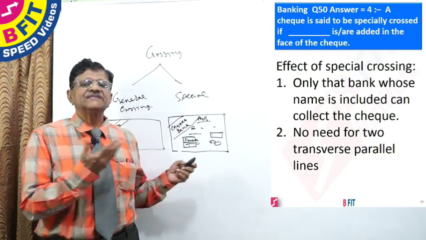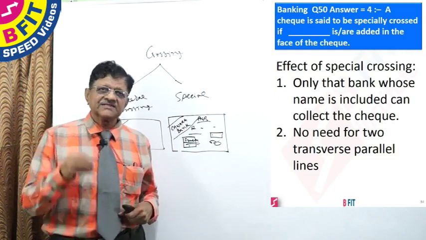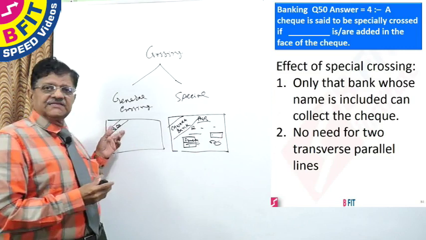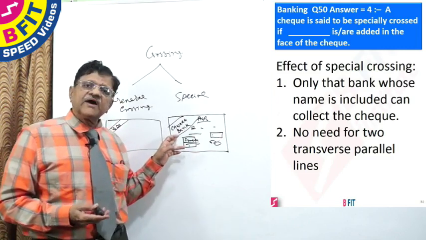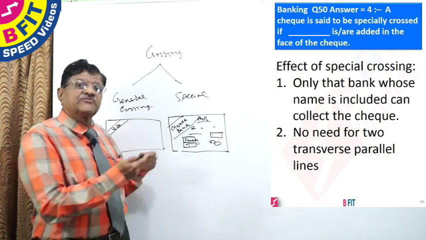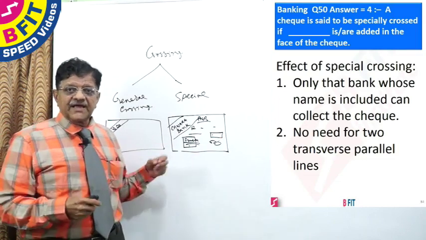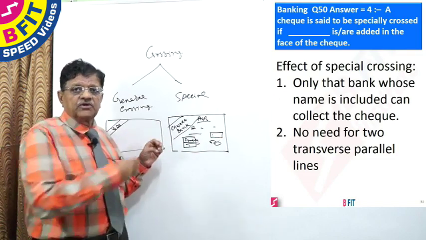When I was teaching this concept to students, one student had a very interesting and very valid doubt. He said, when there are two parallel transverse lines, cash cannot be paid, it is okay. But when I simply add the name of Canara Bank without parallel transverse lines, can I go and get cash from Canara Bank, without putting the check into my account?